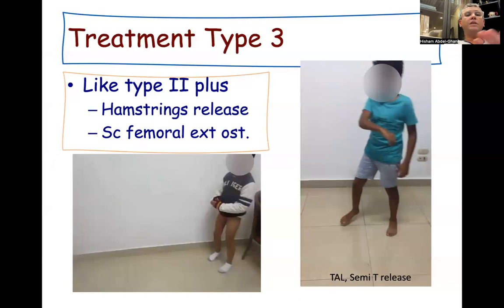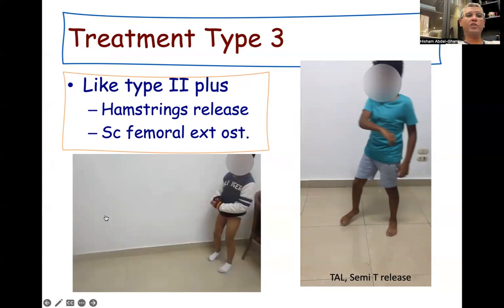In this case, it's treated straightforwardly like type 2, but in addition, we shouldn't miss the abnormality of the hamstrings or a fixed flexion deformity of the knee. The fixed flexion deformity of the knee is present when we cannot achieve full knee extension with the hip extended.